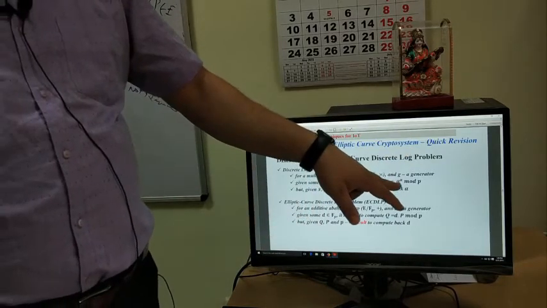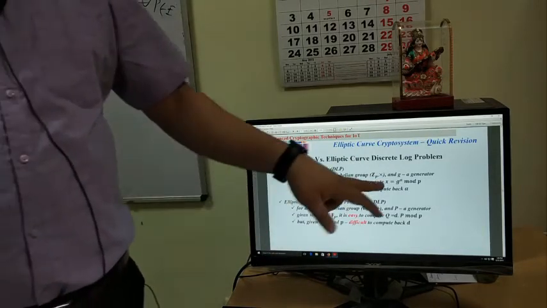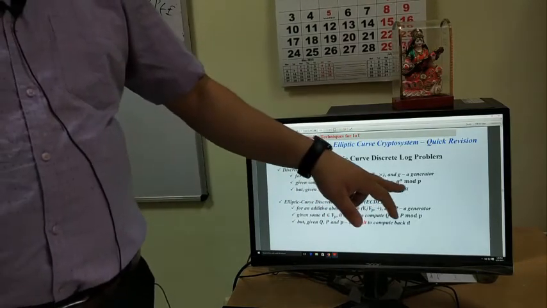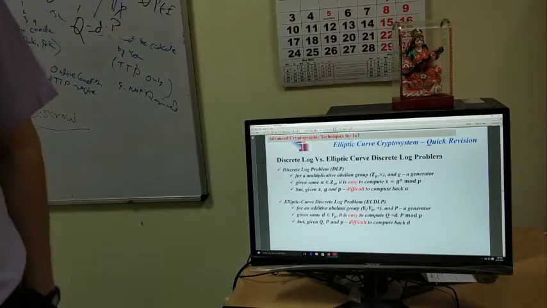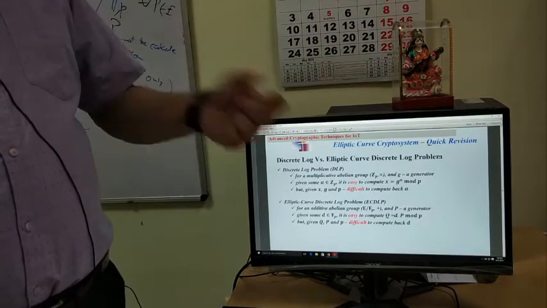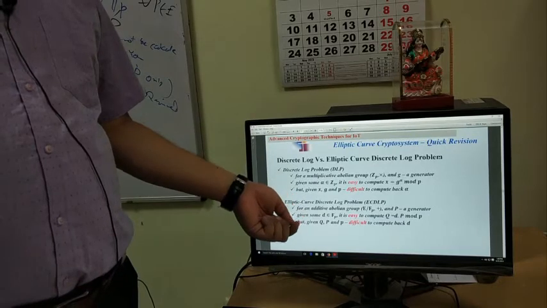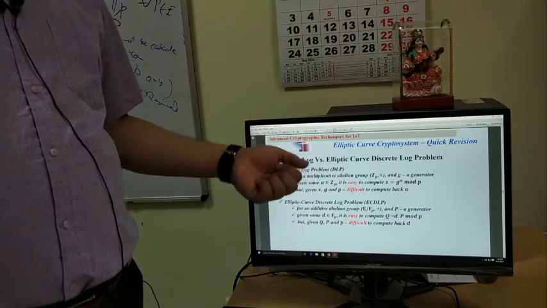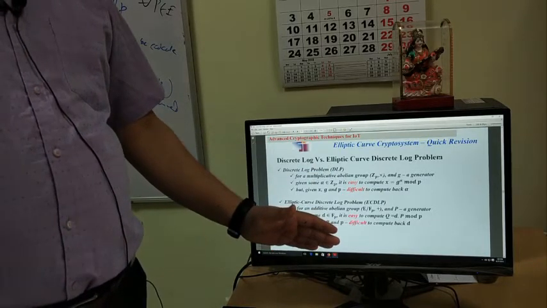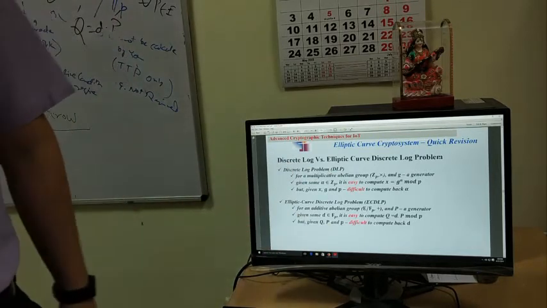You have to calculate g power alpha mod p, suppose equal to x. Given g, p and alpha, it is easy to calculate x. However, given x, g and p, it is difficult to calculate alpha. This is known as the discrete log problem. So this problem and the elliptic curve problem are analogous, meaning their difficulty level or computation cost is similar. This is in one domain, this is in another domain. This is called the discrete log problem, this is called the elliptic curve discrete log problem.